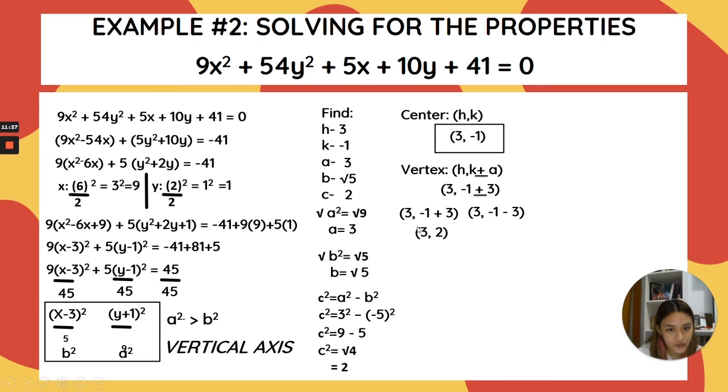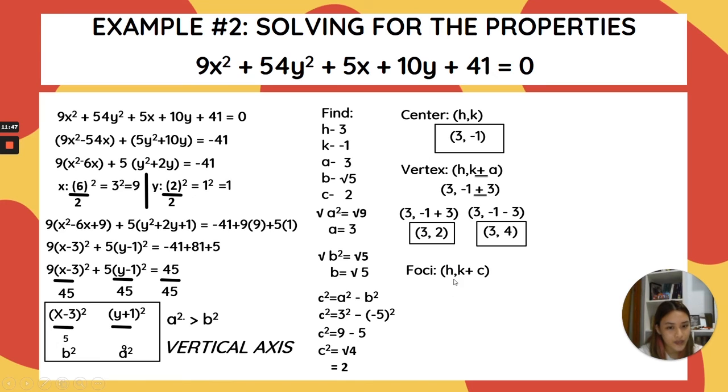We will have 3, and then negative 1 plus 3 is positive 2. The other side, we have 3, and then negative 1 minus 3 is equal to negative 4. Here we have the coordinates of our vertex, and then we will look for the coordinates of foci.